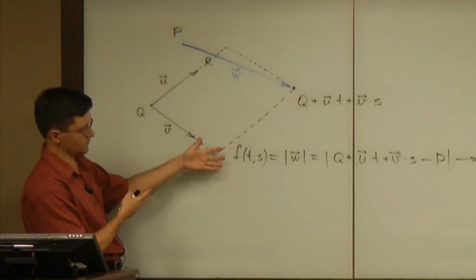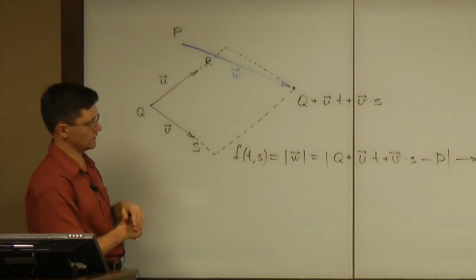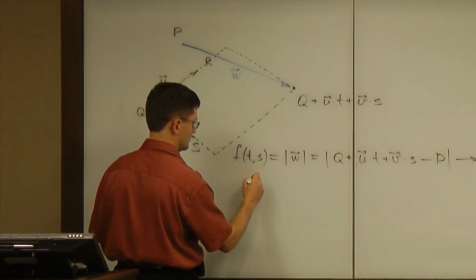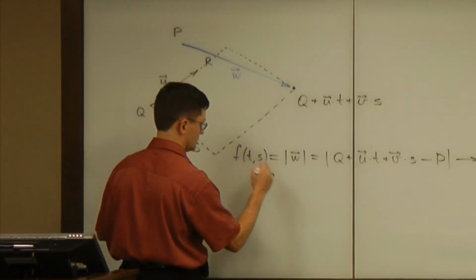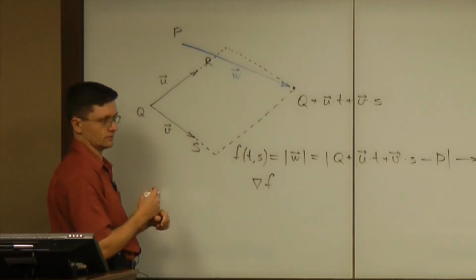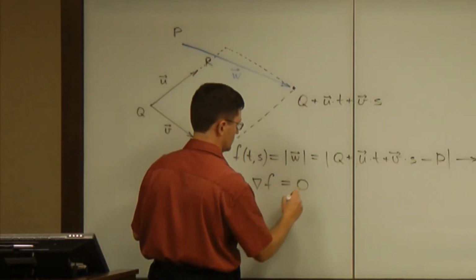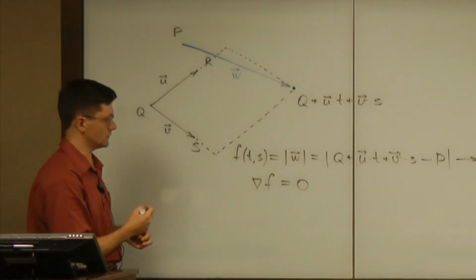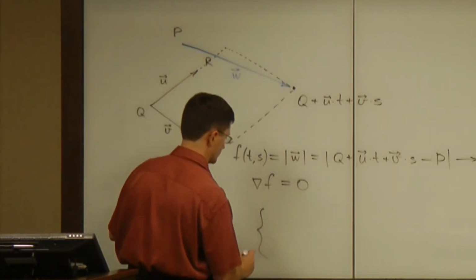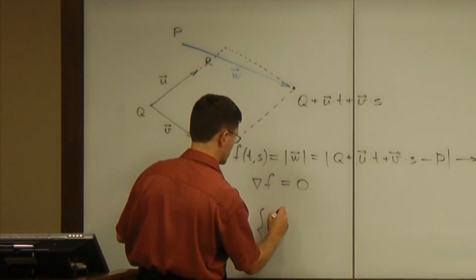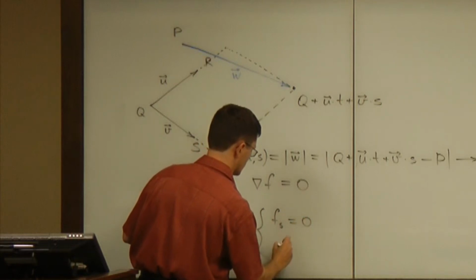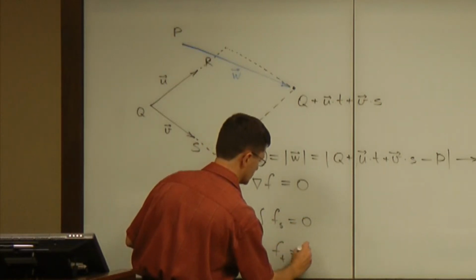And again, in this setup, we are ready for calculus. Saying that the derivative of that function needs to be 0 at the point where the minimum is achieved. And that means the system holds: partial of f with respect to s is 0, partial of f with respect to t is 0.